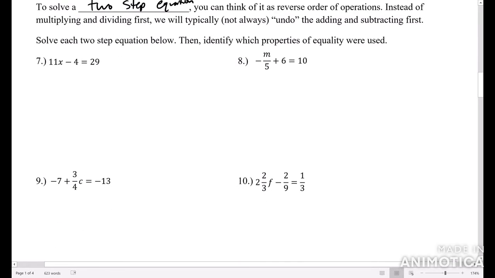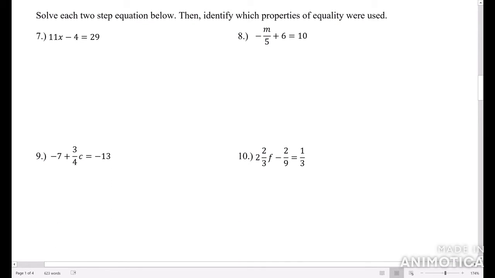That's the whole idea of these properties of equality. So I'm trying to isolate x, or whatever my variable is. In the case of the first one here, number 7, it is x. We're trying to get x by itself. The way I think about these is what's being done to x. I see it's being multiplied by 11, and I see 4 is being subtracted from it. So again, it's almost always going to be easier to do it in the opposite order of operations. What does that mean?